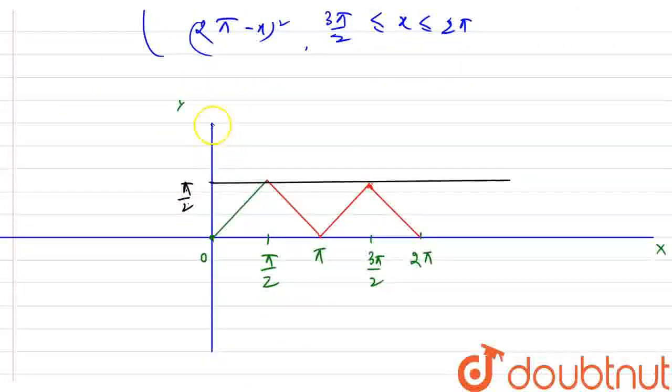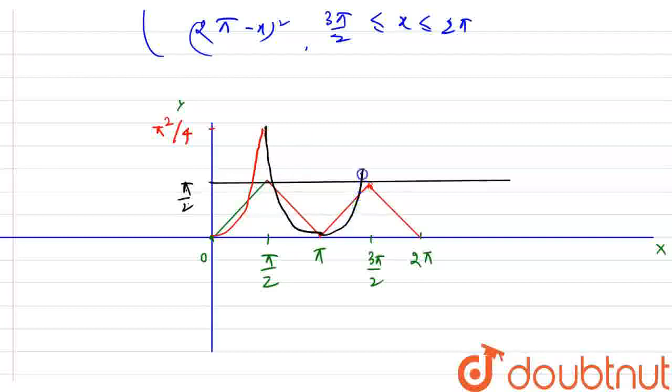So this should be the point here, something like pi square by 4, and on pi by 2 this is the point. So it should look something like this. In the same manner I'm going to draw the rest of the graph. Let me change the color, so it should be something like that.